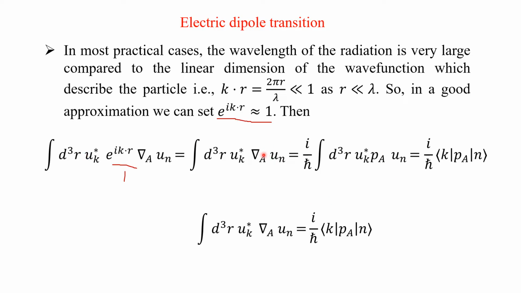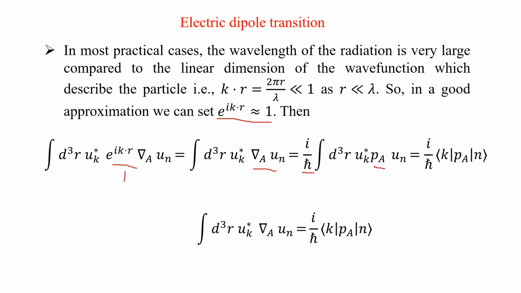From the previous case, we change the del operator into momentum. We know p is equal to minus i h cross del. So this del operator we change into i over h cross p_A.